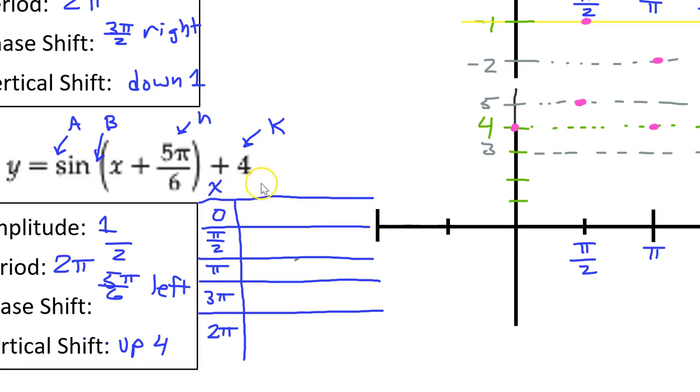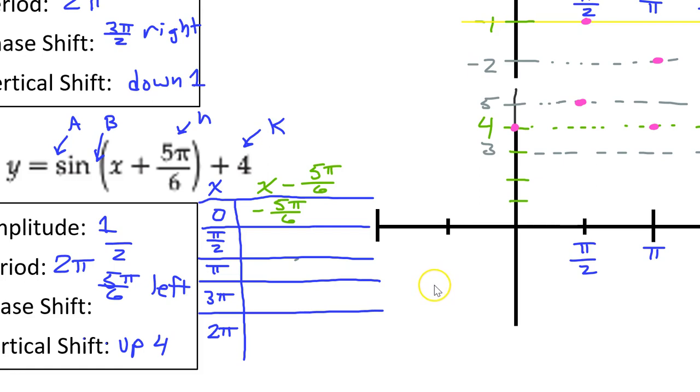So since we're going to the left, we need to take each of our original x values, our pi over 2, our pi, our 3 pi, and we need to subtract 5 pi over 6. So obviously if we do 0 minus 5 pi over 6, that's just going to be negative 5 pi over 6. Alright, now the rest of these I'm going to have to work out like scratch paper.